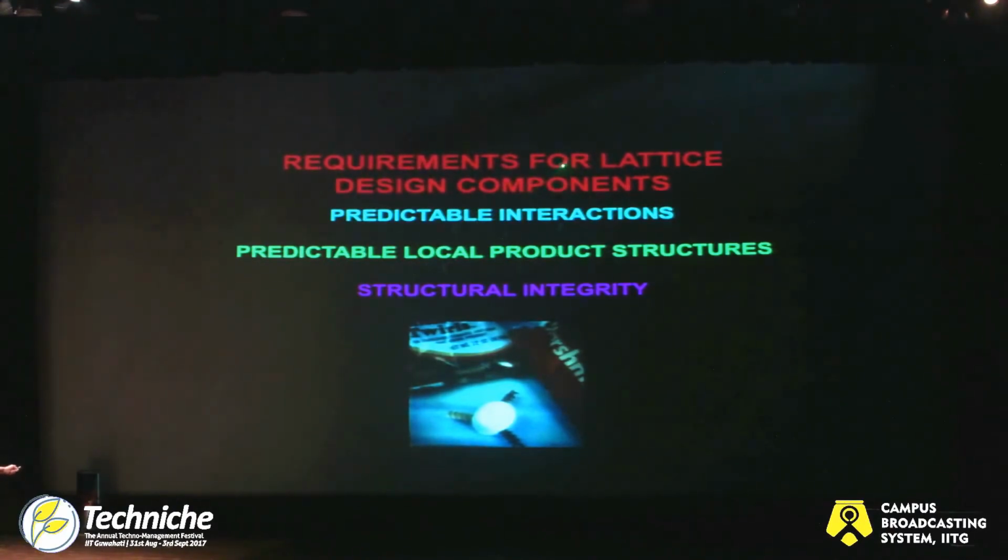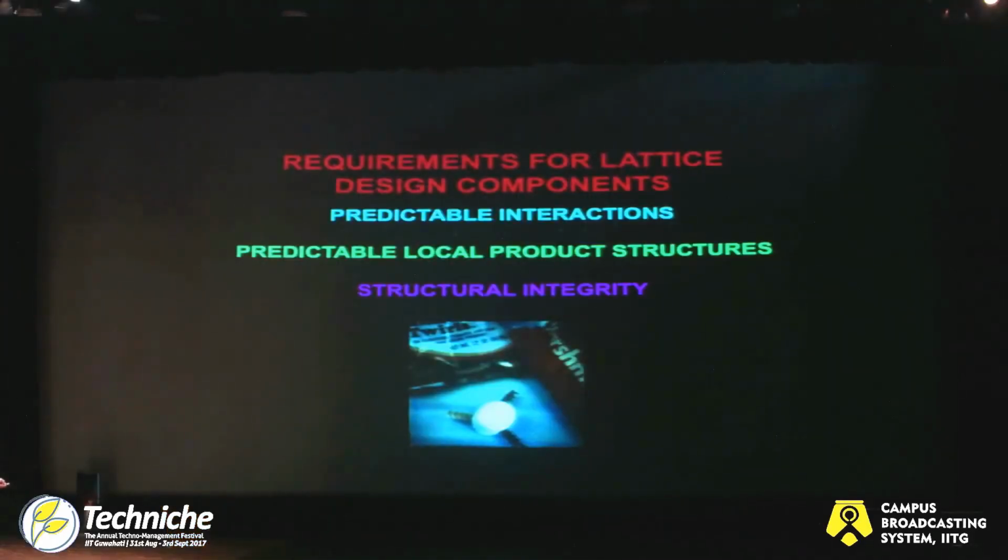The problem that we had to solve was that if you have lattice design components, they have to have predictable interactions, and they have to have predictable local product structures. Well, we talked about that with sticky ends, but they also have to have structural integrity. That's a fancy way of saying they have to be stiff.